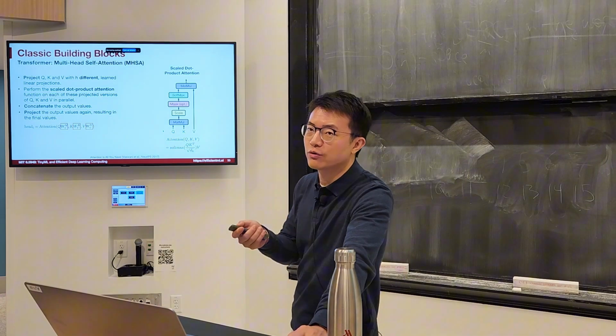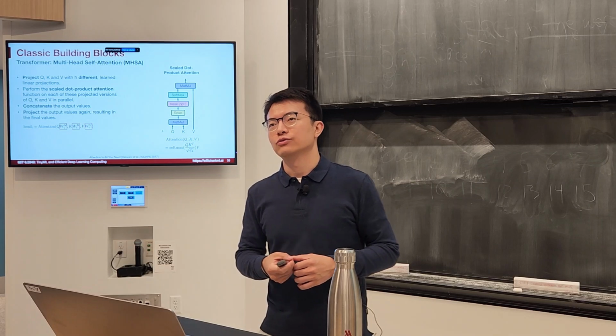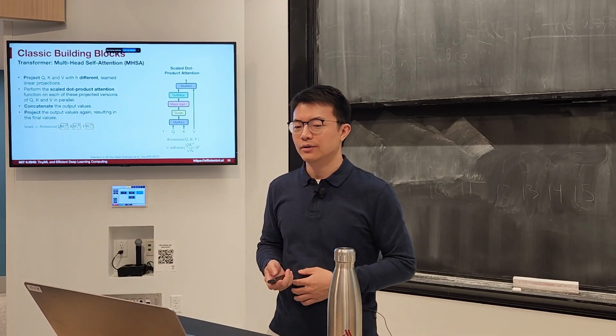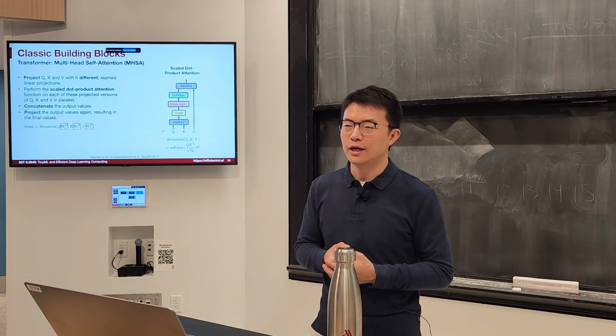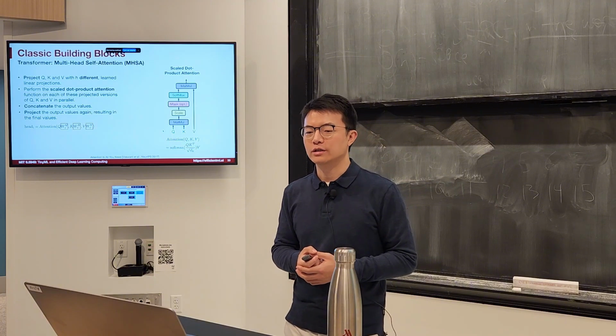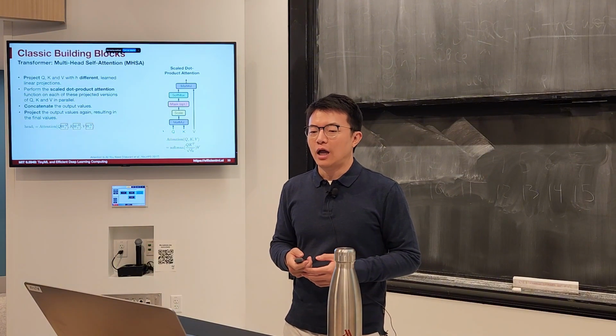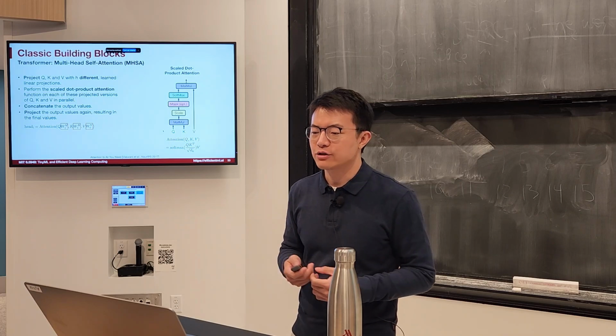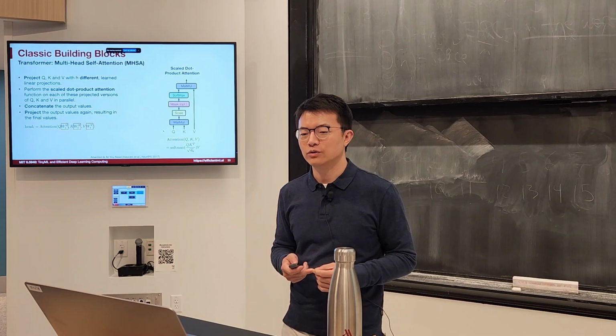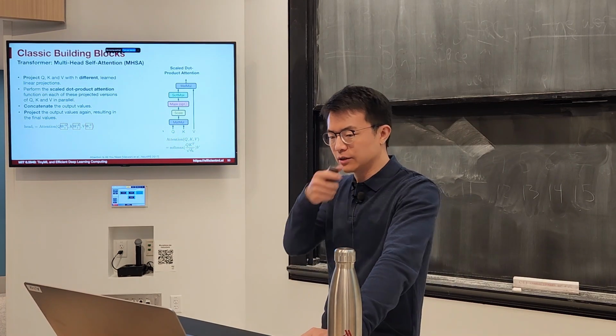So we have a tensor. We first project it into query, key, and value with three different projection matrices. After converting that, we pass it through the attention mechanism, which we're going to talk about in the transformer lecture in detail.